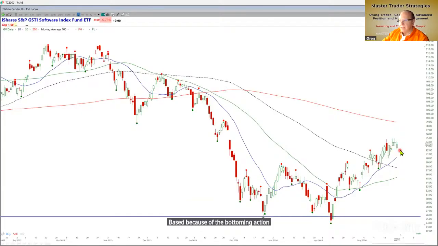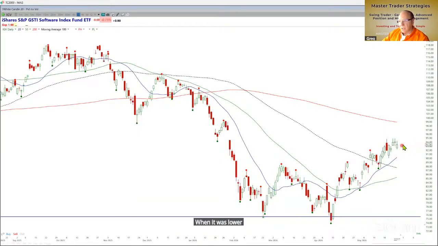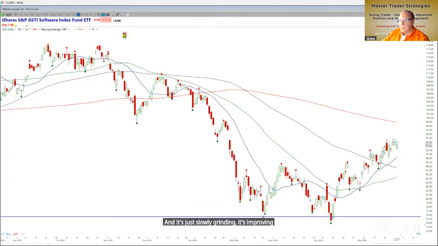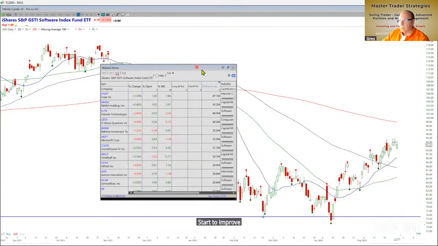It's still kind of messy, but it's a grinder. This is another one in the ETF letter that we bought when it was lower. And it's just slowly grinding. It's improving. And as individual stocks within here start to improve, which we can take a look at.